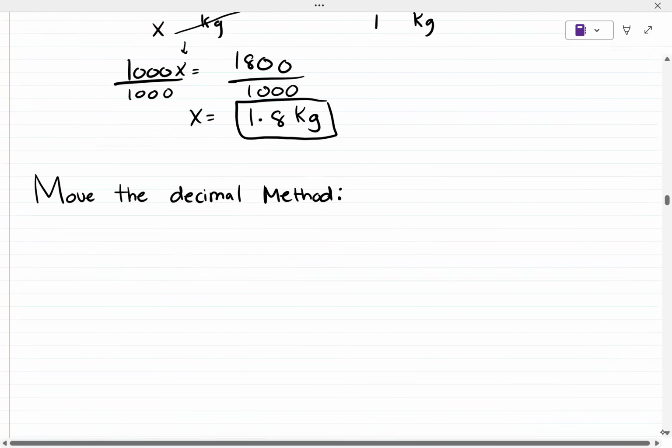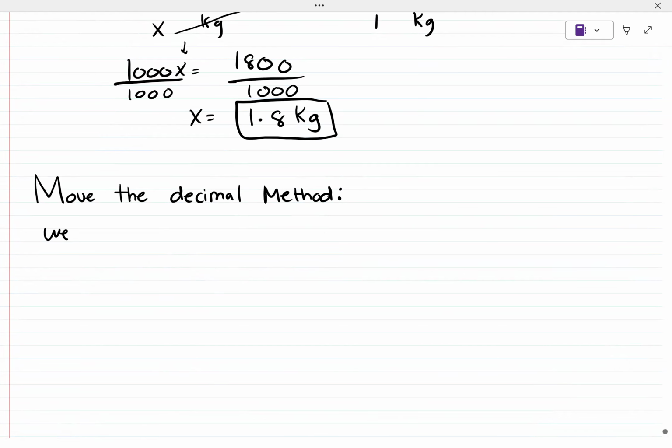Okay, move the decimal method. So we were given grams and we want to convert to kilograms. So grams is pretty small. So we are going from a smaller to a larger unit.